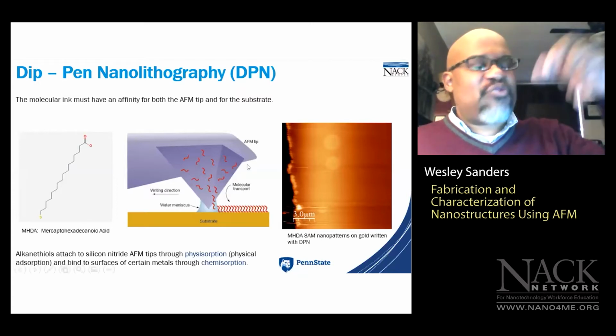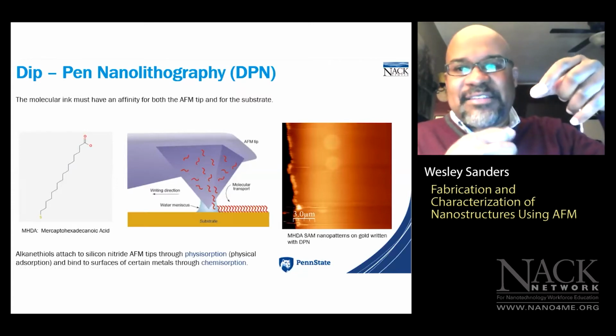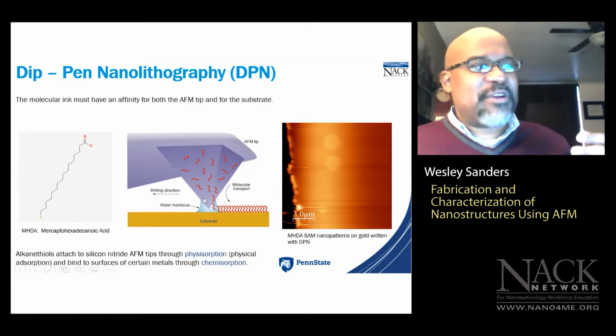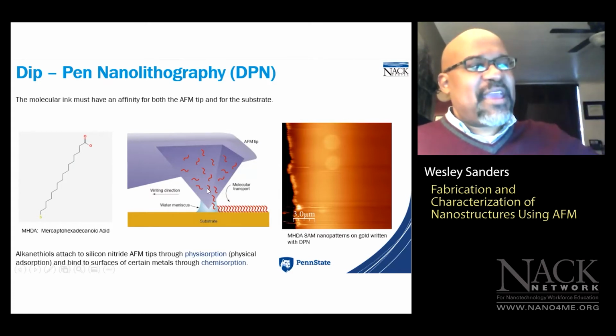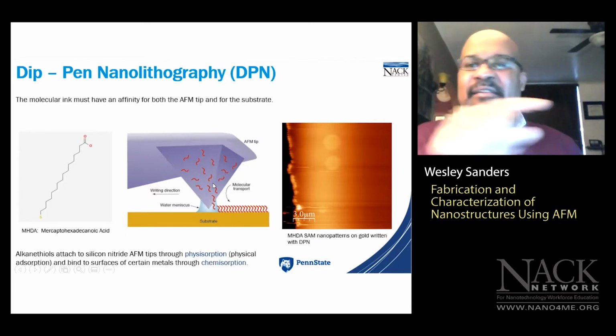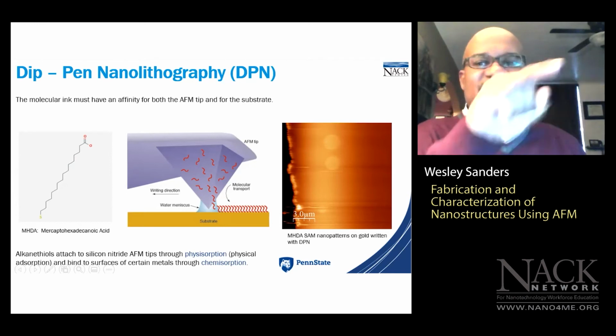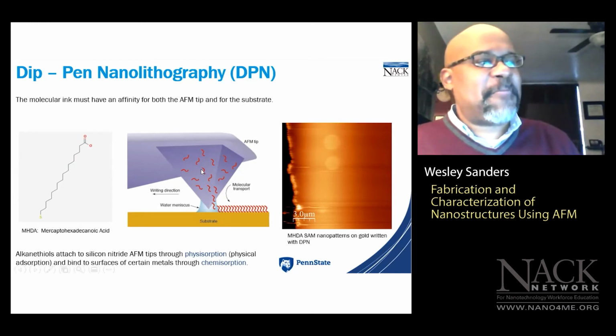Afterwards, you lightly dry the tip, because you still want enough moisture to form the liquid meniscus, load the tip in the AFM scanner, bring the tip down to the sample surface, and then control the scanner so that you can draw the pattern that you want deposited on your substrate.